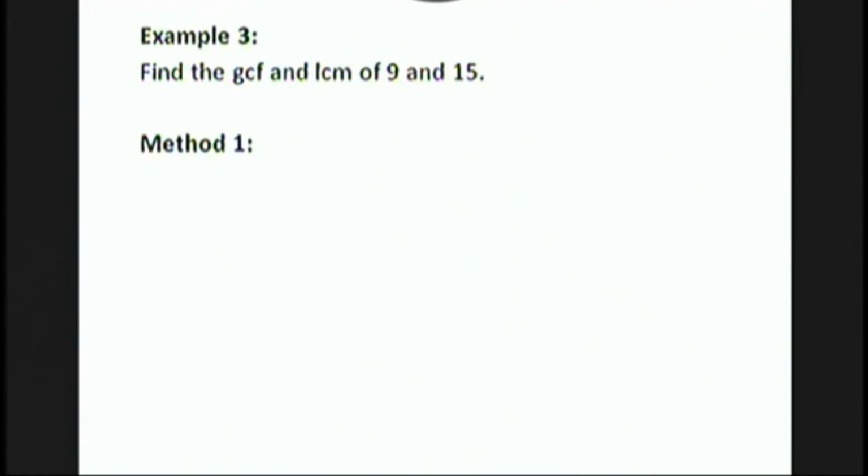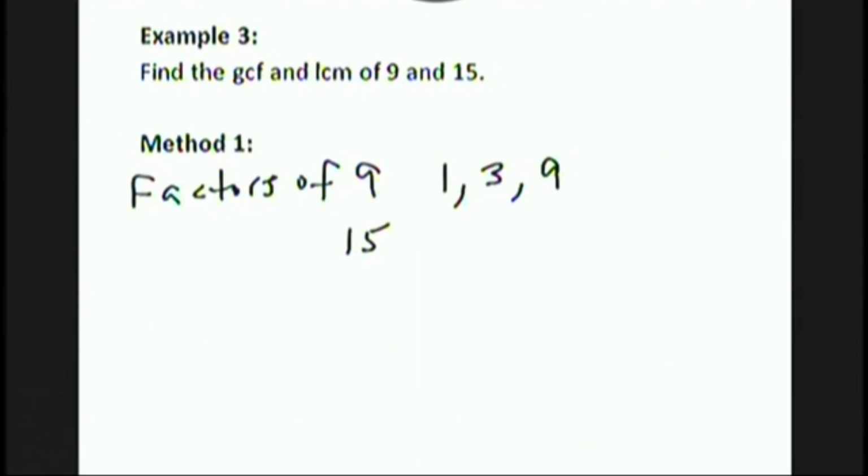I'm going to start by writing all the factors of 9. So those are 1 is a factor of 9, 3 is a factor of 9, and 9 is a factor of 9. And let's also write the factors of 15. 1, 3, 5, and 15.